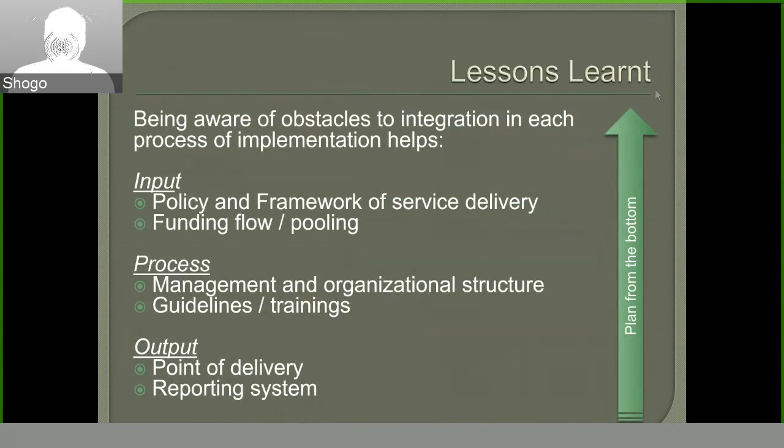All right. So this input process outputs a different stage of kind of potential obstacles. And when we plan this to make sure these are all aligned, I think one important thing is that we plan from the bottom up.